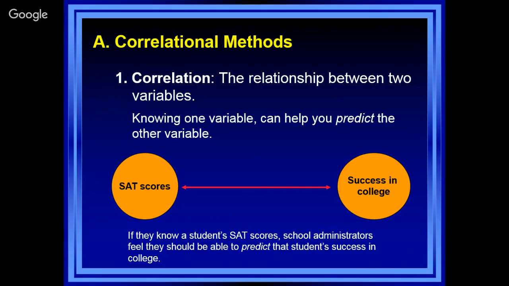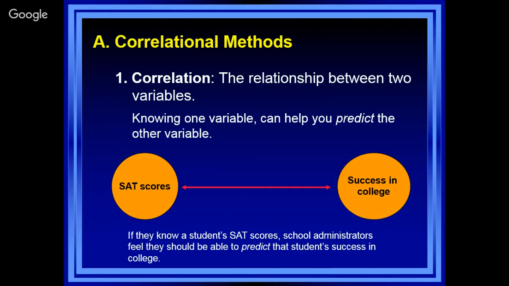So what that means is you're always going to know exceptions in your own life. So you may know somebody who had terrible SAT scores, but they did great in college, or they had great SAT scores and they did terrible in college. You may know exceptions, but I got to tell you, statistically speaking, the variables that we're going to talk about this semester do tend to represent the data in general, not 100%, but the majority of subjects.